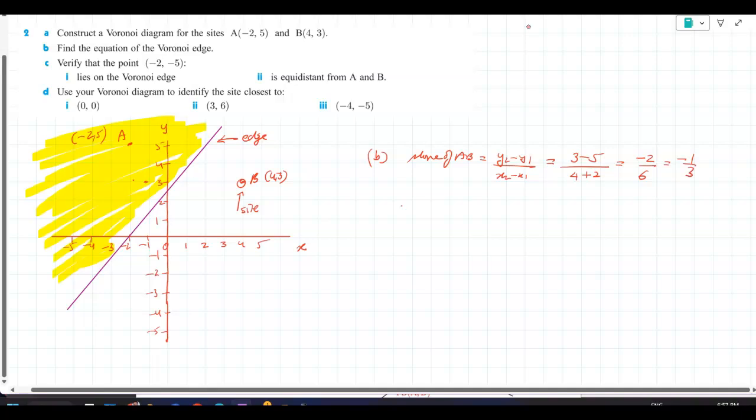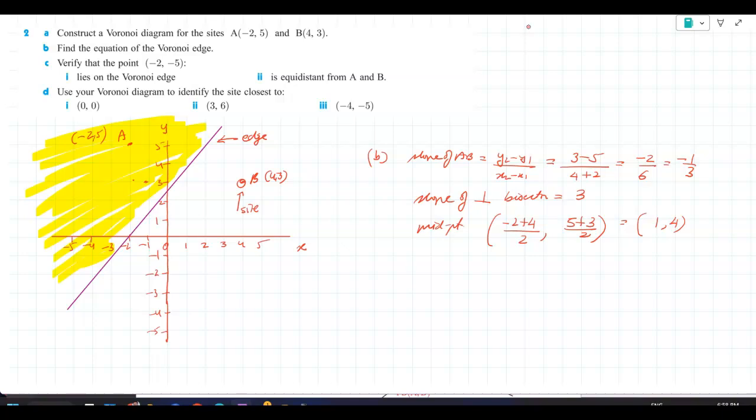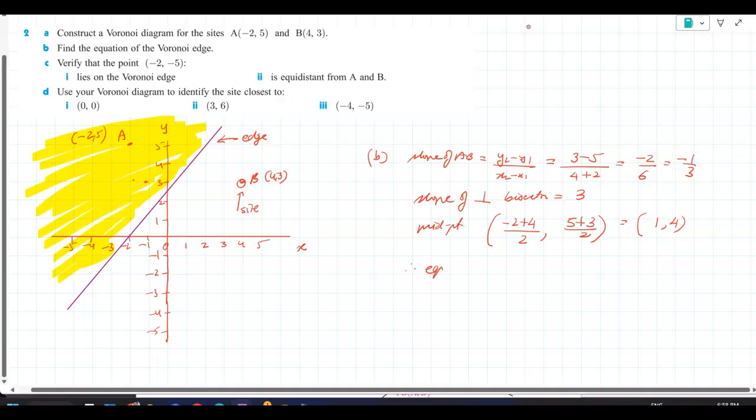So the slope of the perpendicular bisector will be the negative reciprocal, which is 3. Then you get the midpoint: x1 plus x2 over 2, y1 plus y2 over 2. So 1 comma 4. Correct? So therefore, what's the equation?